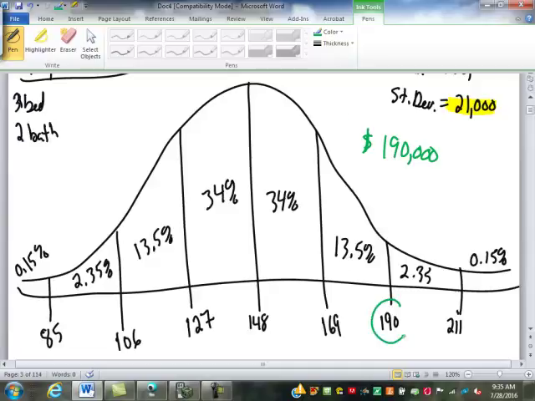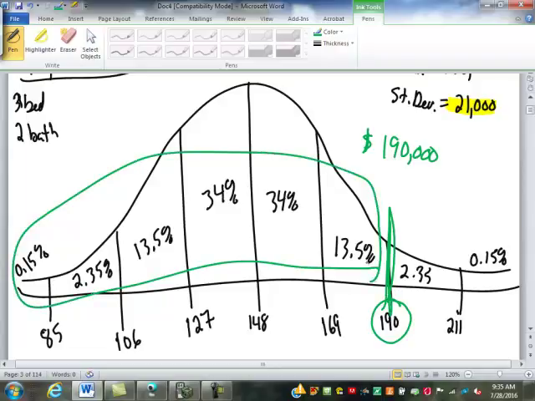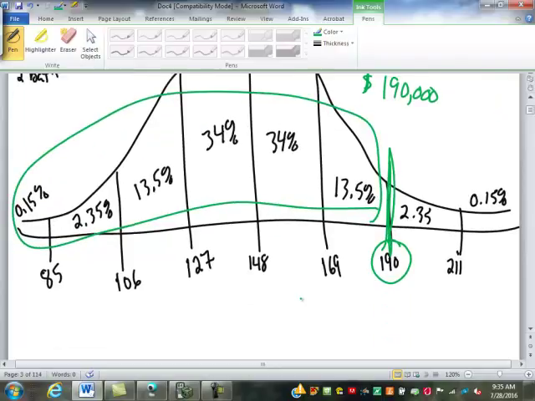Well, $190,000 is right here. And if we look at these percents here that are below that, if we add those up, that adds up to 97.5%. What's that 97.5% mean?